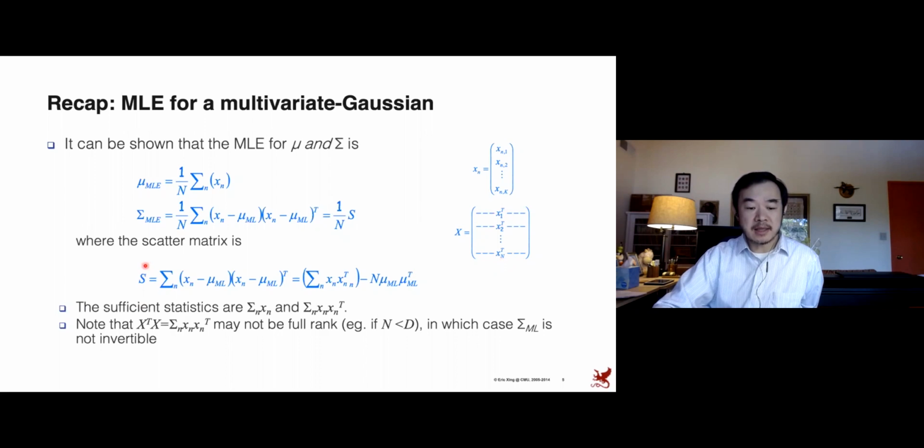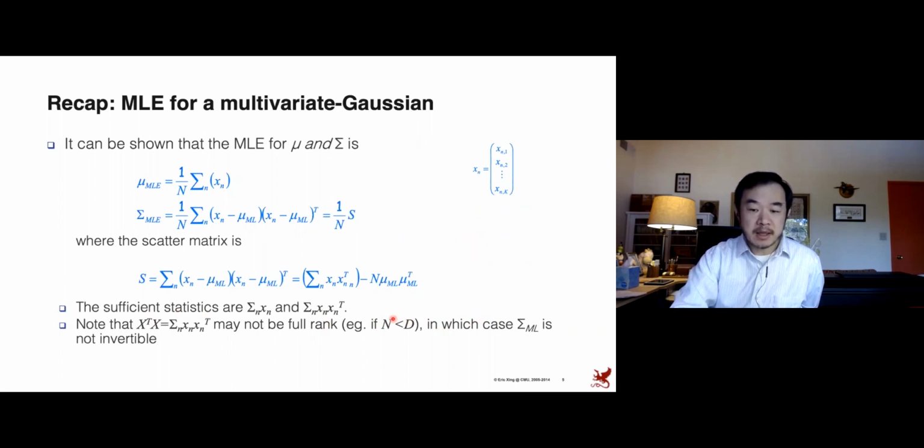And then this S can be described by a matrix product, X transpose multiplied by X. Okay, and if you have this matrix form, you actually could even determine whether they are full rank, whether this matrix is invertible or not.